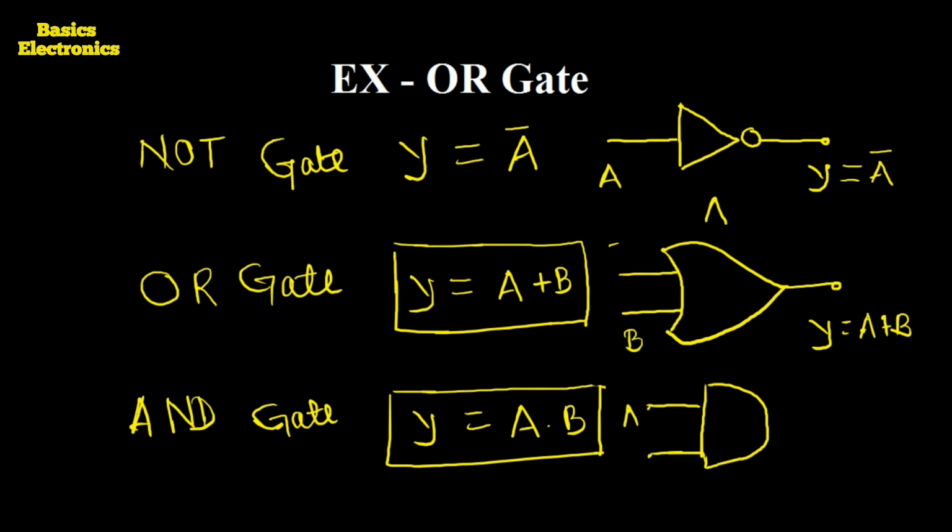The inputs are A and B, and at this side we have the output, whose equation is Y equals A dot B. Here we have seen all three basic gates which we require for the construction of the XOR gate.